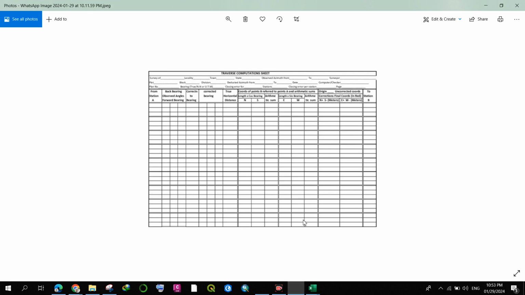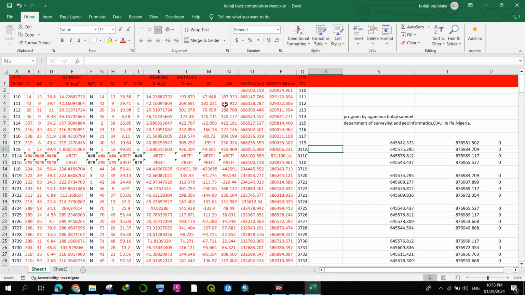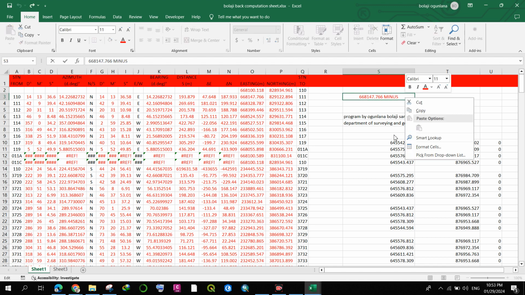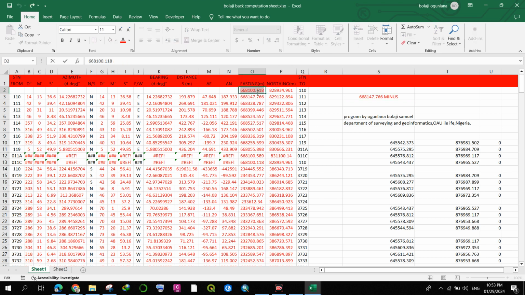You're going to subtract the easting of station 111 minus, just copy this, paste this, minus this. You see that this minus this will give me a value.